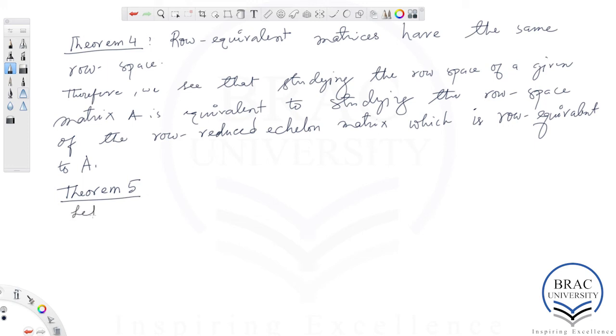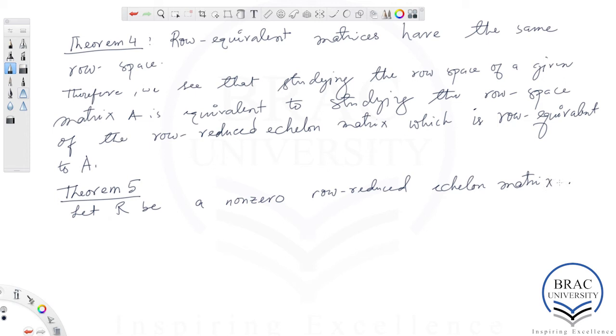Let R be a non-zero row reduced echelon matrix, meaning that there will be at least one non-zero row in this row reduced echelon matrix. Okay.